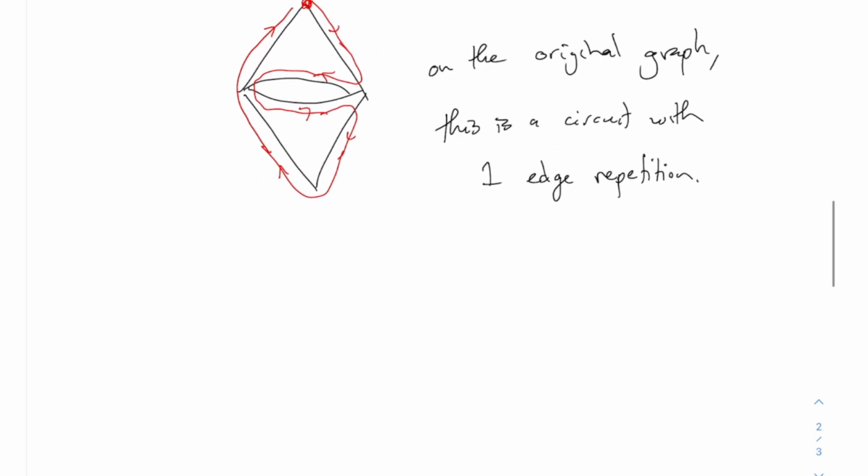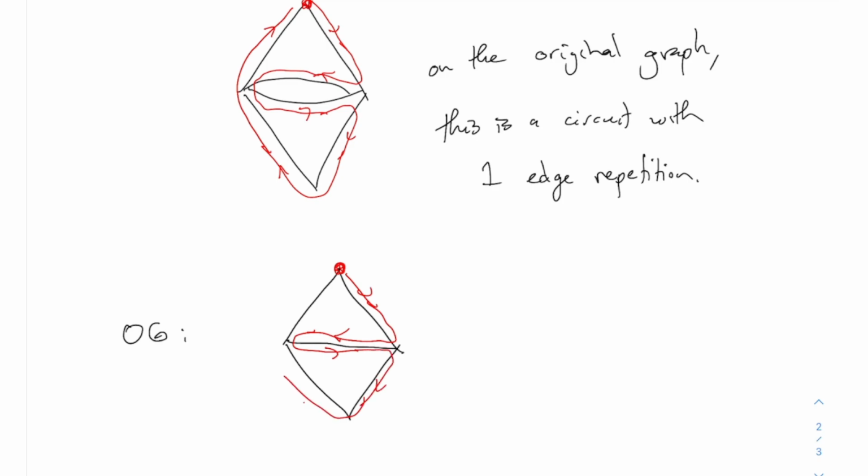So on the original graph, the OG, if you will, the Euler circuit that I just drew up there corresponds to a circuit on here which duplicates only one edge. And it looks like, if I'm just drawing the same circuit again, it goes down here, across the middle, back across the middle. That's my edge duplication. And then around the outside. All right? So this is now a minimum duplication circuit. And just so we all know, it's duplicating one edge, the one across the middle.